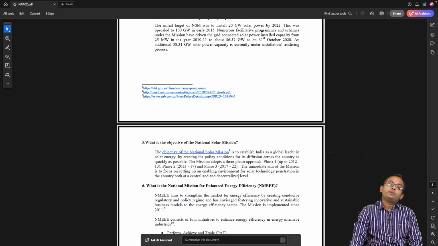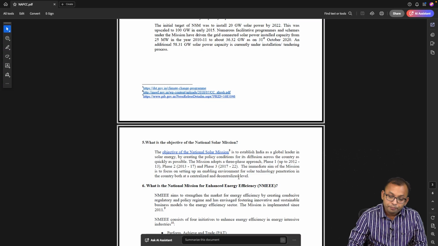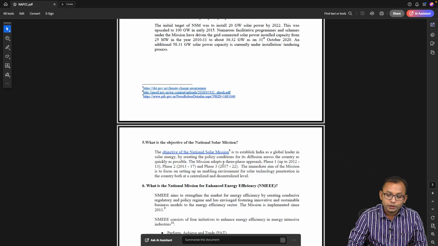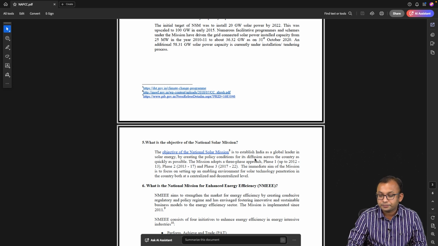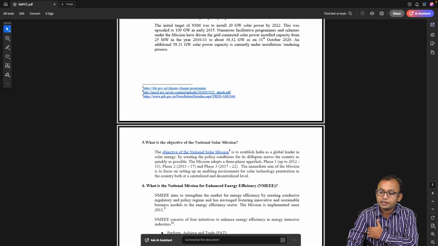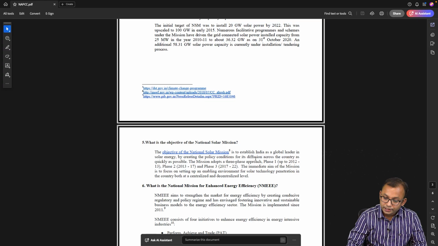What is the objective of this mission? The primary objective is to establish India as a global leader in solar energy by creating the policy conditions for its diffusion across India. Then there is the establishment of different types of solar plants across India, so that we can generate a substantial amount of solar energy in different parts of the country and promote it for different types of purposes.